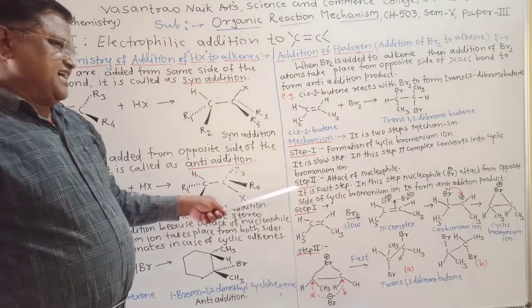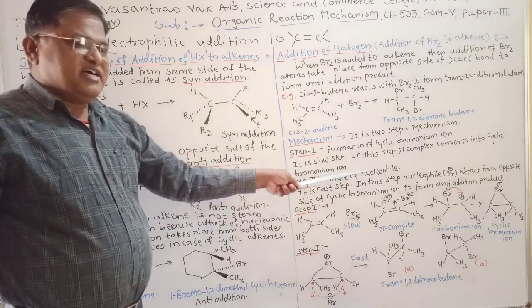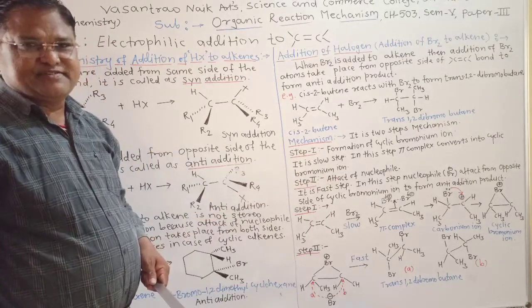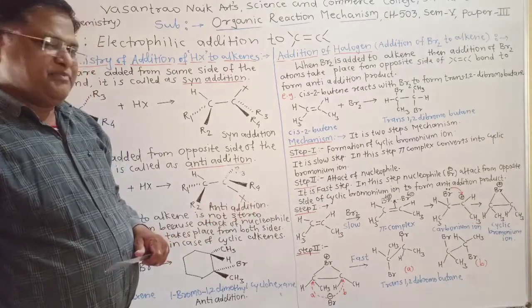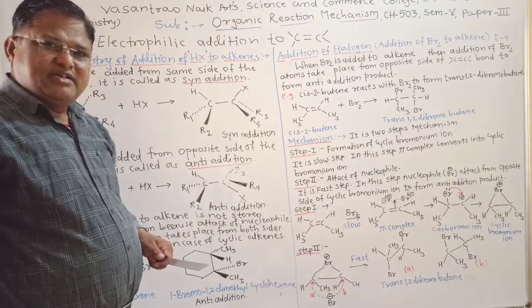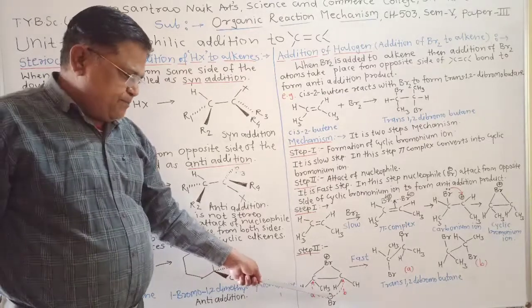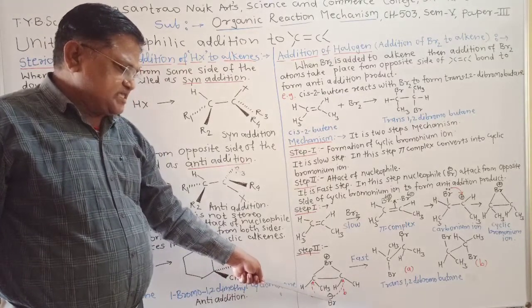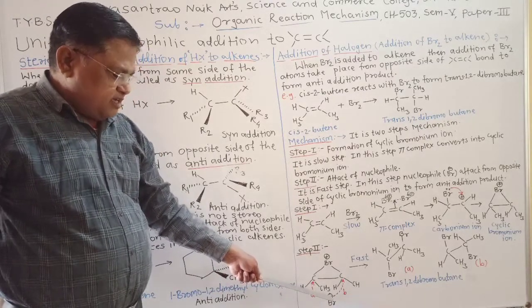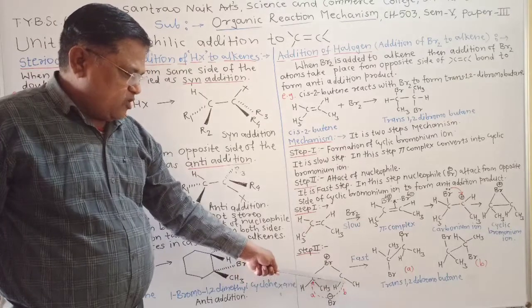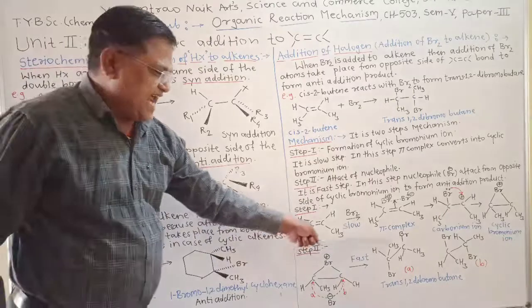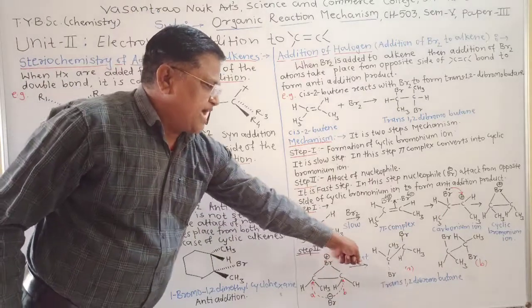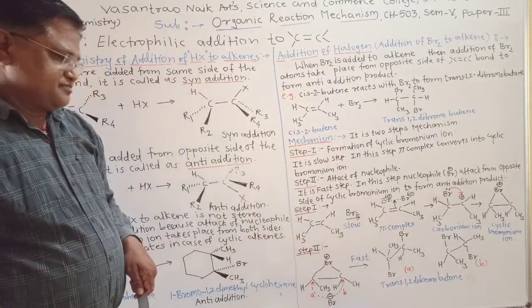Now in the step second, attack of nucleophile takes place. Now second step is a fast step. In the fast step, the nucleophile Br negative attacks from lower side of the carbon atom and we get the trans 1,2-dibromobutane.